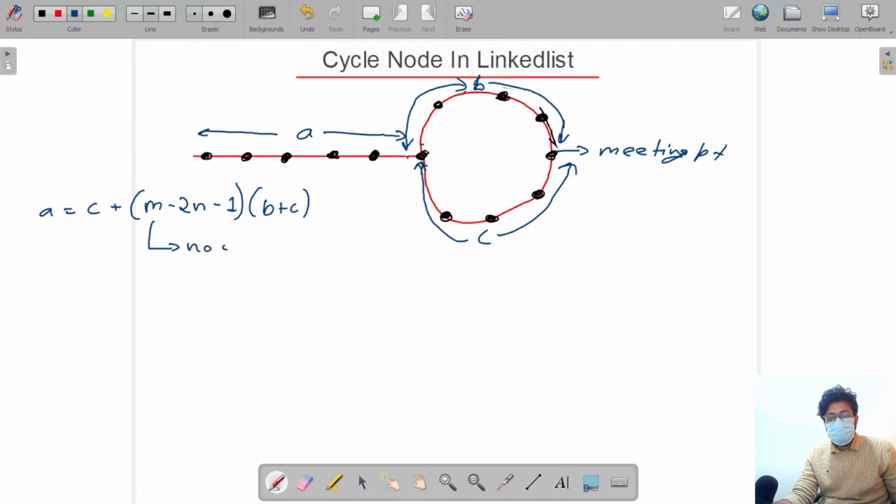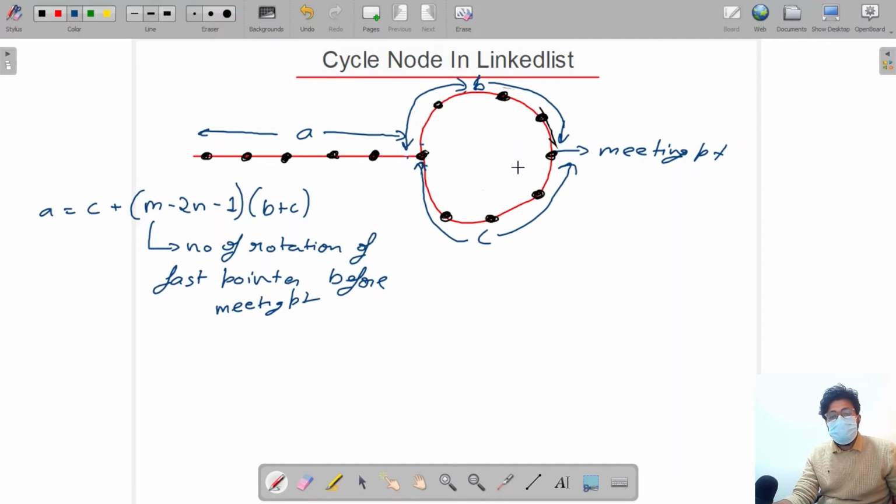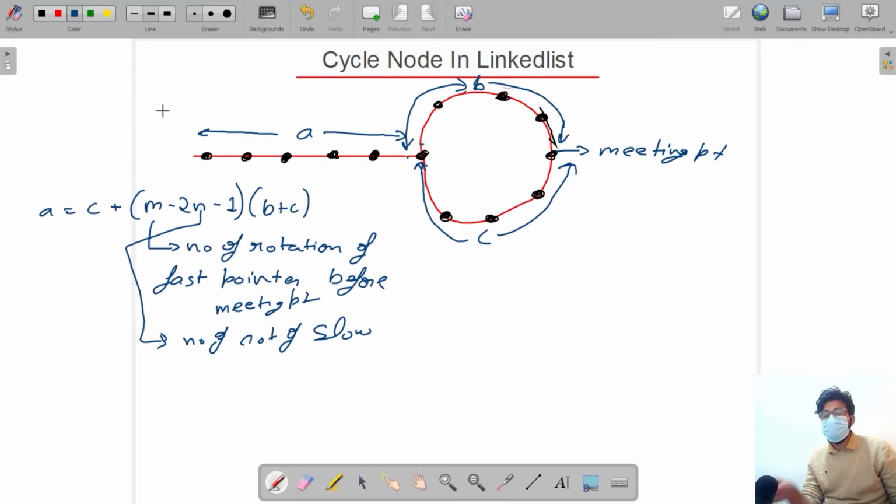M is the number of rotations of the fast pointer before the meeting point, and N is the number of rotations of the slow pointer before the meeting point. So first, this is our formula.